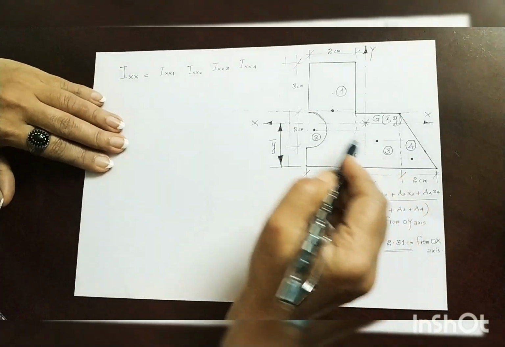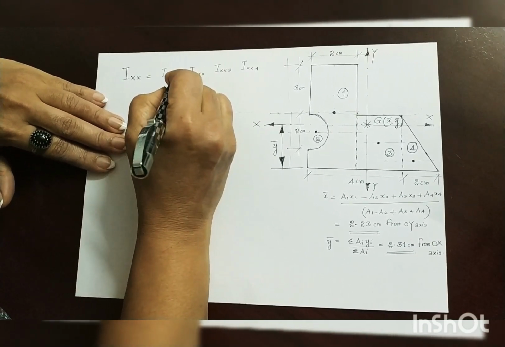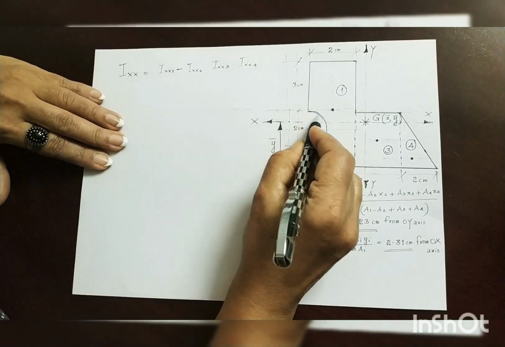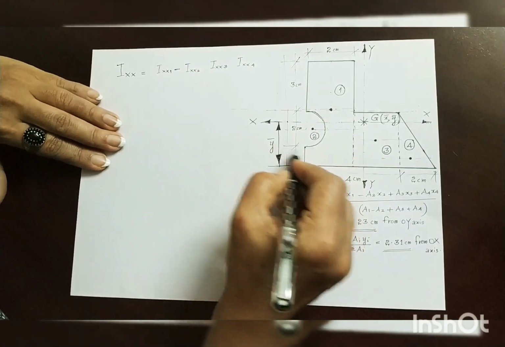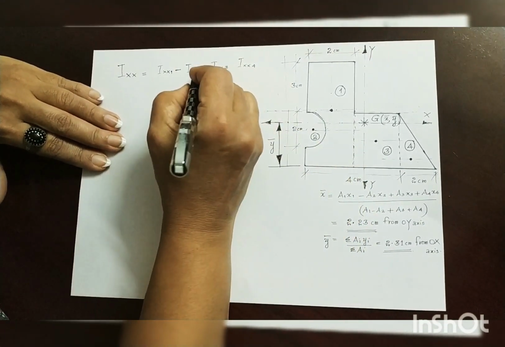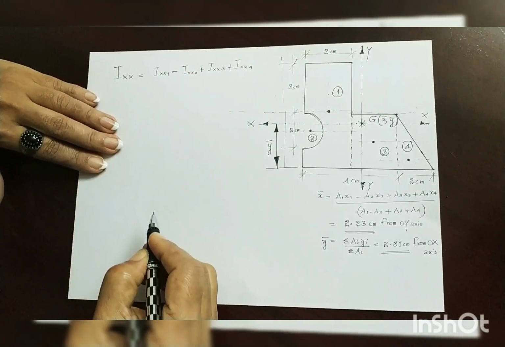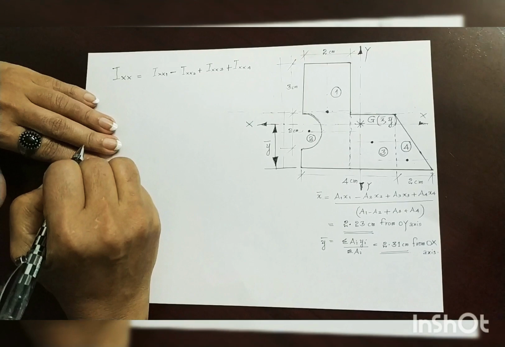The moments of inertia have to be added algebraically. You get Ixx1 minus Ixx2, because portion 2 has been cut off, so it has to be deducted, subtracted, plus Ixx3 plus Ixx4. This is what you have to find.